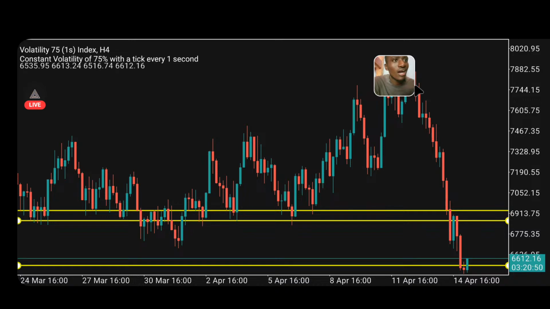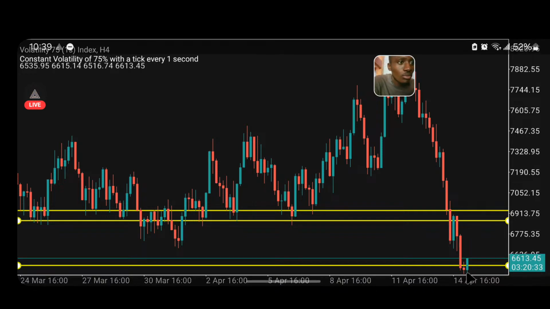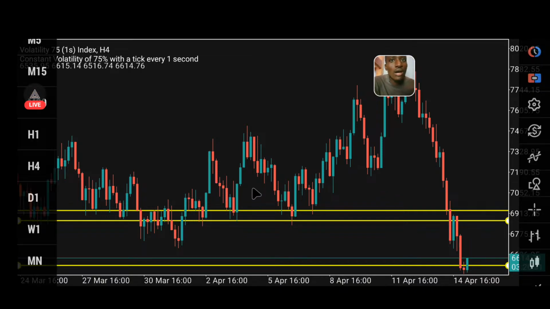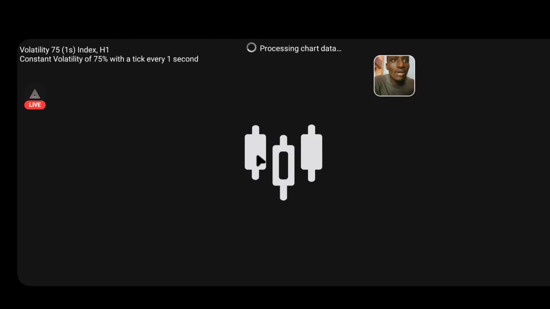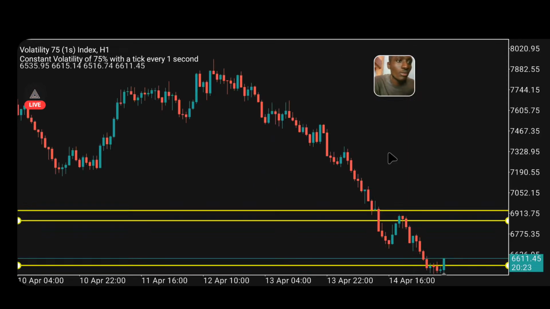It's creating lower highs, lower lows, lower highs, lower lows, to go down. So you can put a sell stop just below the current daily candle low.